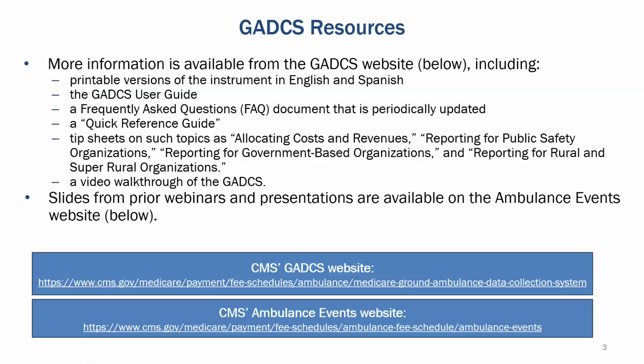If you go to that link, you'll find printable versions of all of the GADCS questions in English and Spanish, a user guide helping you navigate the actual web-based GADCS, a FAQ document, a quick reference guide to get started, along with a range of other tip sheets and recordings, including one video walkthrough of the entire GADCS that you can navigate using chapters to go from section to section.